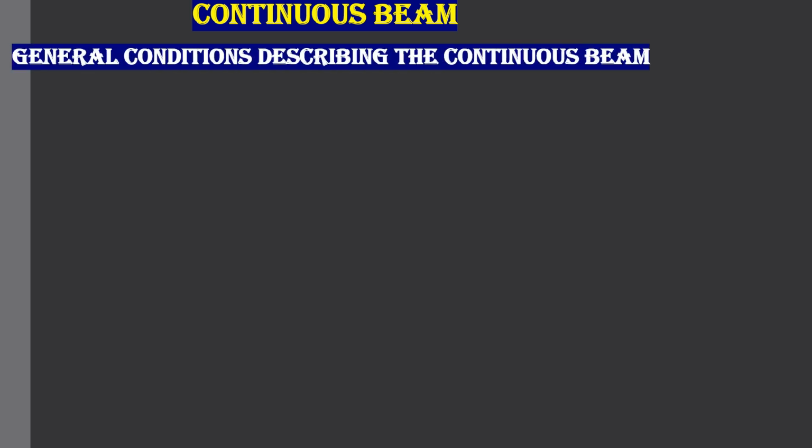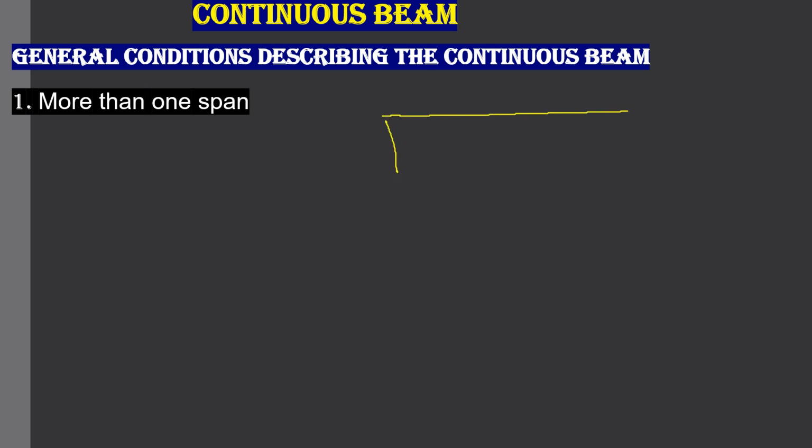Now, let us see what a continuous beam is. How can you describe a continuous beam? The general conditions describing the continuous beam are: number 1, the beam should have more than one span. When it is one span, you call it a simply supported beam, and when it is fixed at the ends, you call it a fixed beam.